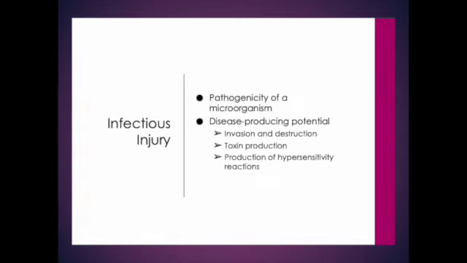These toxins can interfere with cellular processes, like disrupting membrane integrity or provoking an immune response. And lastly, the production of hypersensitivity reactions. Some microorganisms can trigger these hypersensitivity reactions in the host immune system, and the reactions can result in excessive and harmful immune responses that contribute to tissue damage and inflammation in the body.